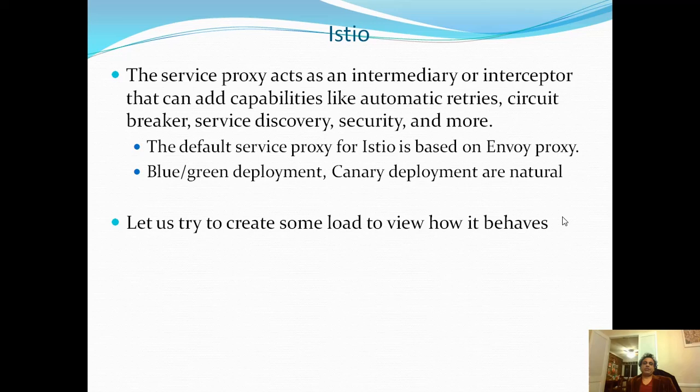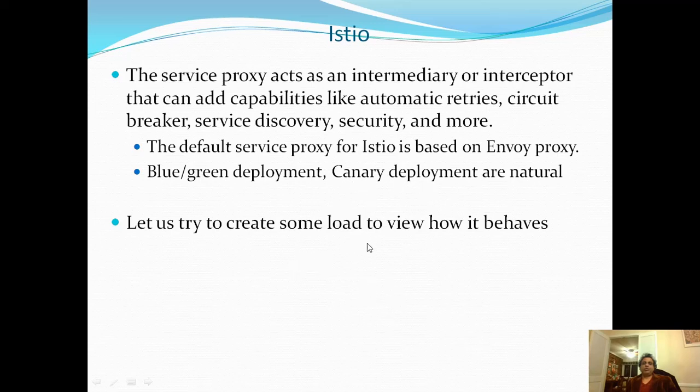Service discoverability is also there, and security, right? The default service proxy for Istio is based on Envoy proxy. And you could get blue-green deployment and canary deployment, all natural in this, because you have this indirection, and you could control many things through indirection.